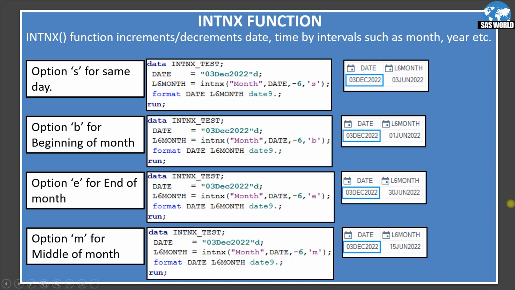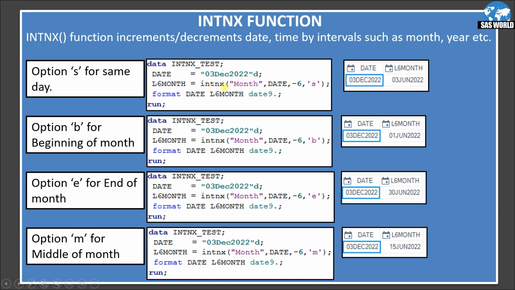So here if you see the first data step, I am creating a data set called intnx test and creating a new variable called date and assigning 3rd December 2022 as date. Then I'm creating another variable named L6 month. L6 month means last 6 month. What I want to get, I want to get a date 6 months before this date, 3rd December 2022.